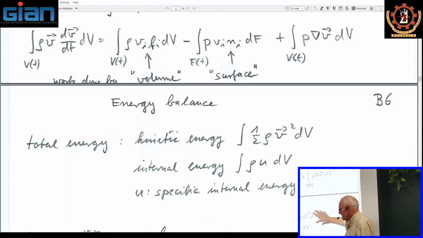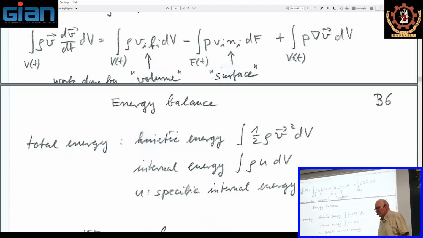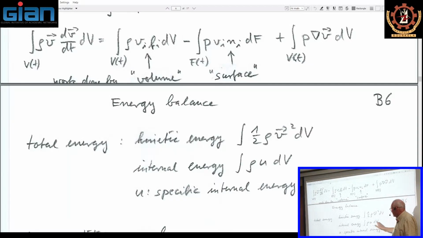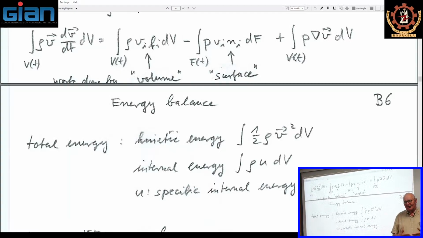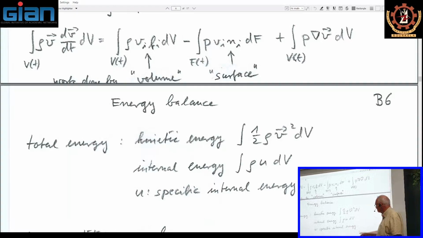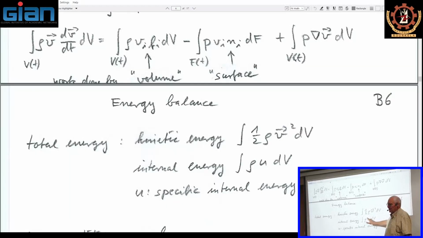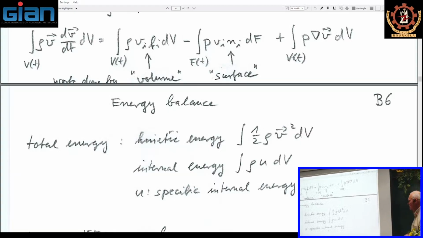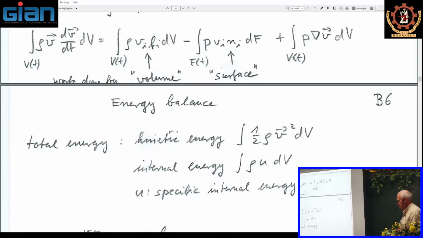So there is not only kinetic energy, not only mechanical energy, but there is also internal energy, and we write the internal energy as an integral over the volume of the energy density. Here e is the internal energy per mass, and the total internal energy is then given by this integral over the density times specific internal energy over the volume.